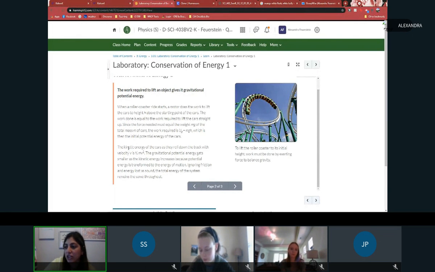So for the kinetic energy, here we have our equation, 1/2 mv squared. The gravitational potential energy gets smaller as the kinetic energy increases, because potential energy is transformed to the energy of motion. Again, remember we talked about the conservation of momentum. It just changes: that mass times velocity goes from one object, and if it collides with another, it transfers that momentum over.